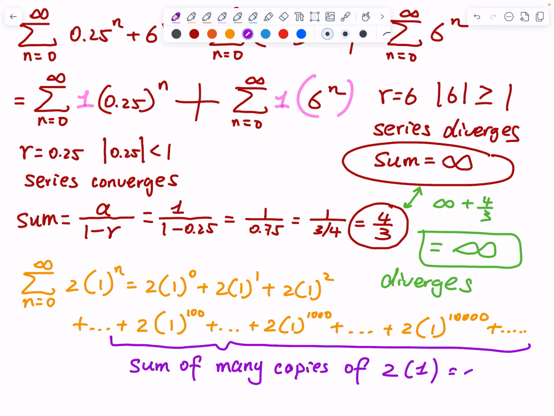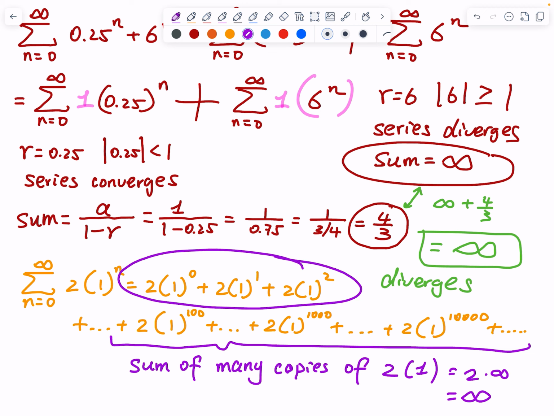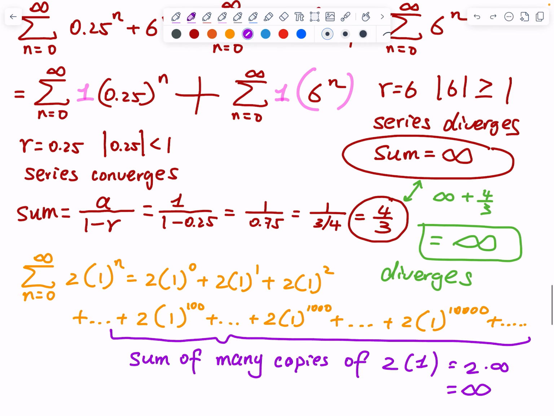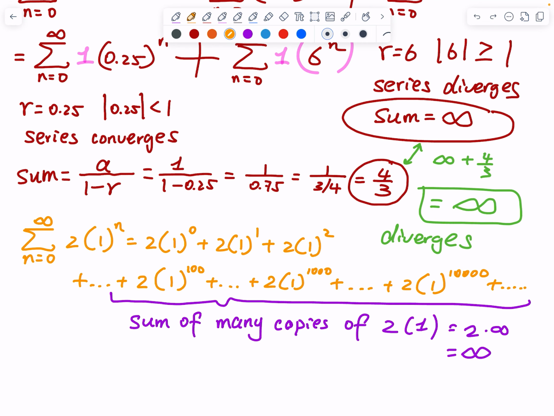So that will be similar to 2 times infinity, which is equal to infinity. Although when you add them up, the sum is not literally going to become infinity, as n becomes very large, we are adding up infinitely many copies of 2. So the common ratio r is equal to 1, the absolute value of 1 is greater than or equal to 1, so the series diverges, and the sum is equal to infinity.